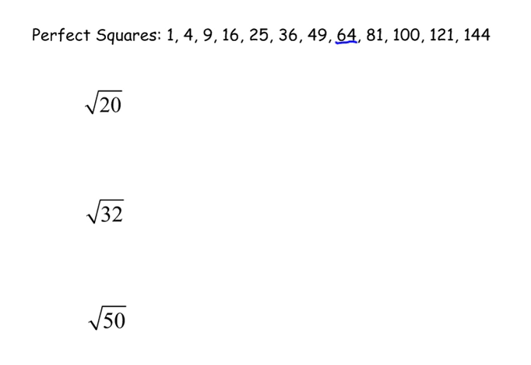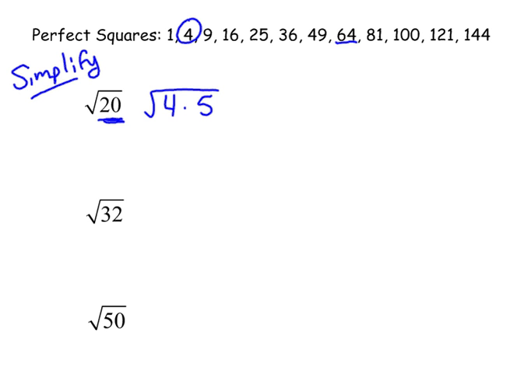So if we want to do the square root of 20, we want to simplify this. The instructions would say simplify, kind of like the way we simplify a fraction. We look at the list of perfect squares and say, what factors of 20 are on that list? And we see that 4 goes into 20. So we're going to break up 20 and we're going to say it is 4 times 5.